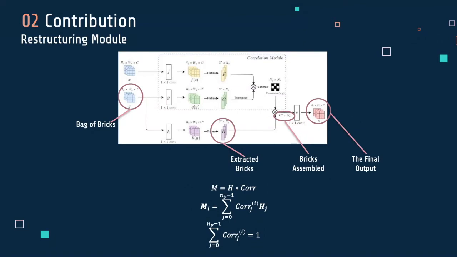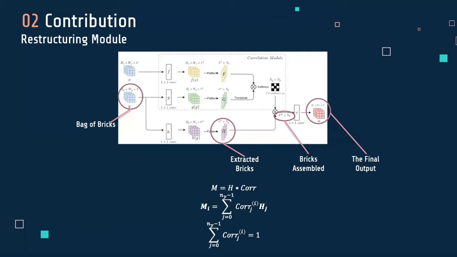Each patch of the output image can be represented as a linear combination of all patches of the input image. So M_i is the i-th patch in the output image, and H_j is the j-th patch in the input image. Since the weight is actually the correlation column vector, it sums to 1, which means this is also a weighted average.